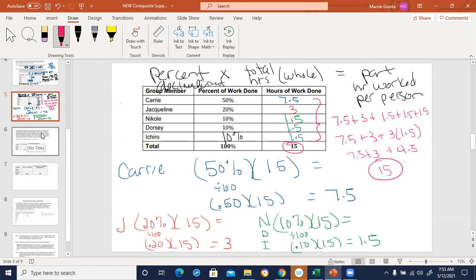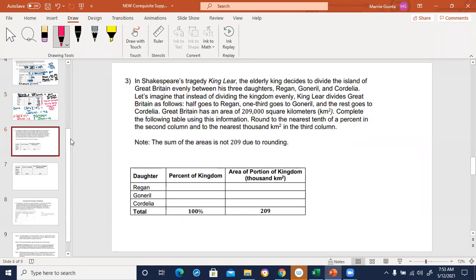Okay, so let's now move on. We're ready for the last example here. In Shakespeare's tragedy, King Lear, the elderly king decides to divide the island of Great Britain evenly between his 3 daughters, Regan, Goneril, and Cordelia. Let's imagine that instead of dividing the kingdom evenly, King Lear divides Great Britain as follows.